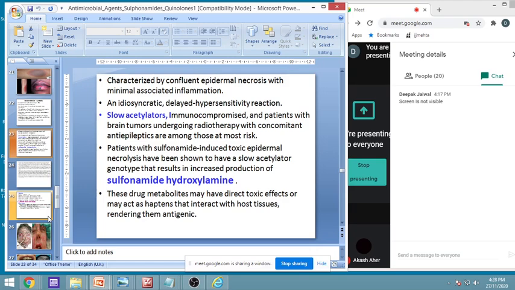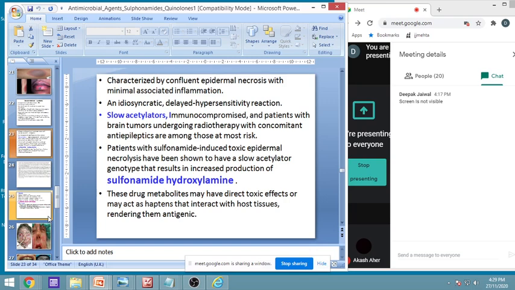Now see, the irony is that we just saw that fast acetylators have more chances of crystalluria, and here we see that Stevens-Johnson syndrome can be seen in slow acetylators. The reason is that crystalluria is because of the metabolites, while here it is because of the sulfonamide itself, the active sulfonamide.